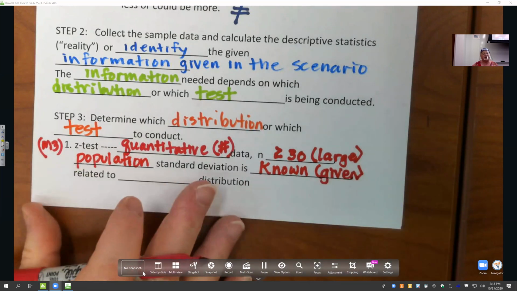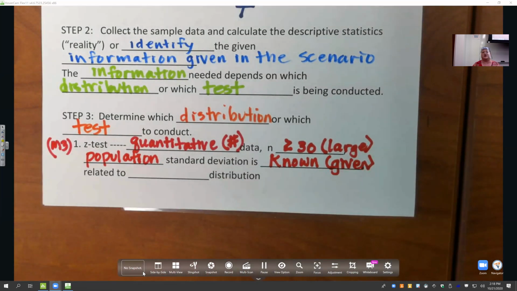And that should sound familiar, because if you go back to last Wednesday when we were talking about confidence intervals, we said we would use Z interval whenever we knew the population standard deviation. It's the same guideline. If you know the population standard deviation, you're going to use it to conduct a Z test.